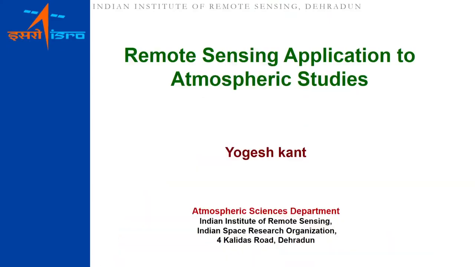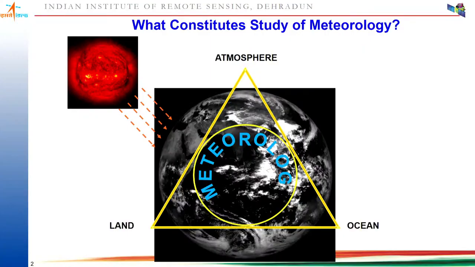Today's lecture is on remote sensing application to atmospheric studies. So, what constitutes meteorology? First of all, we'll understand that meteorology is not only the study of science of various aspects of the weather and the climate, but also a study of the physics and chemistry of the Earth's atmosphere, including its interaction between the atmosphere and the surface, including the land and ocean.